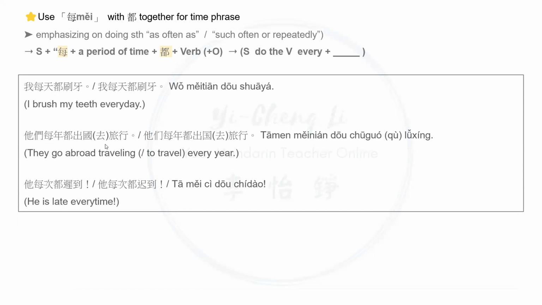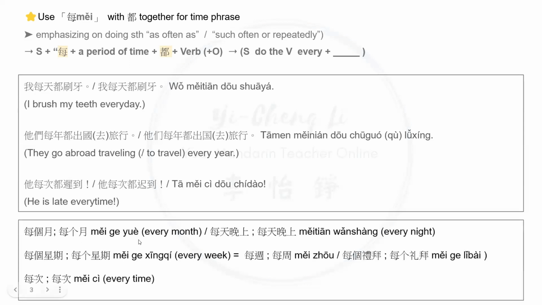It's fine if you want to omit the 去 here and just say 他们每年都出国旅行, go abroad traveling, without saying 去. 他每次都迟到。He is late every time. And then we have 每个月 every month, 每天晚上 every night, 每个星期 every week, and also you can use 每周 or 每个礼拜. 每次 every time, the same as in the example.